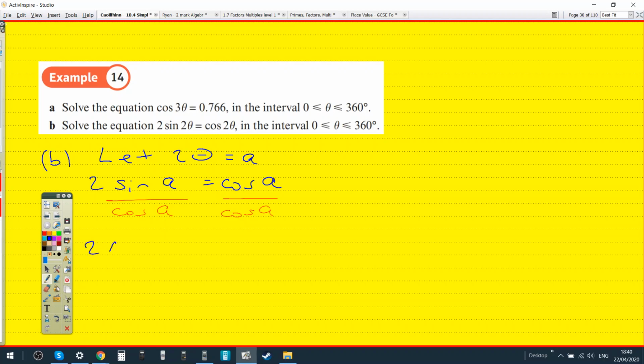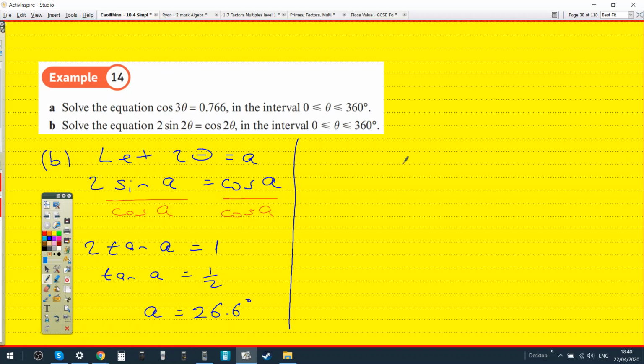1. Yeah. So then if sine A equals a half, no, tan A, sorry. Yeah. So then A equals tan to the minus 1 of a half, which is 26.6.